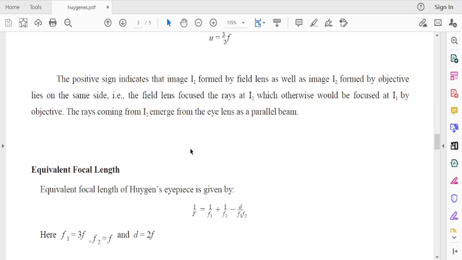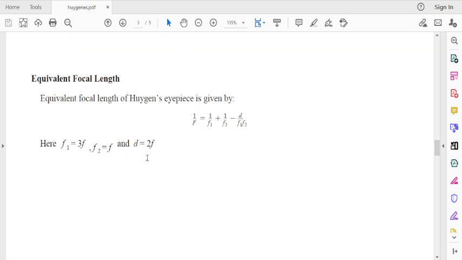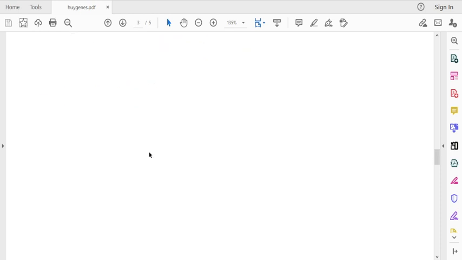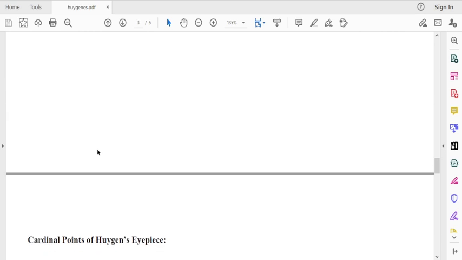Putting the values f1 equals 3f, f2 equals f, and d equals 2f.